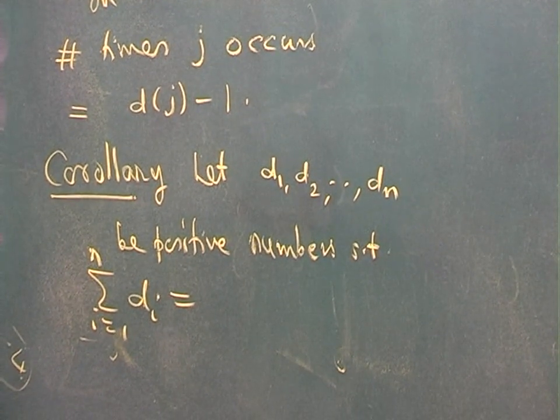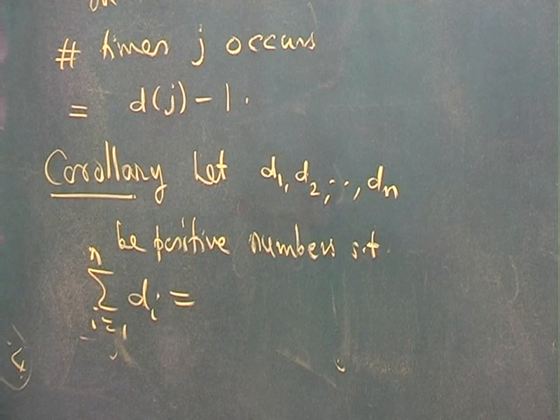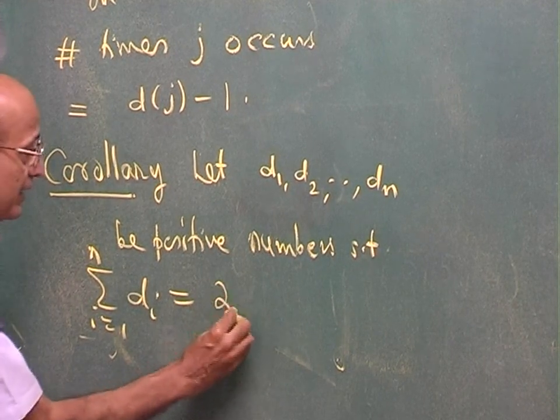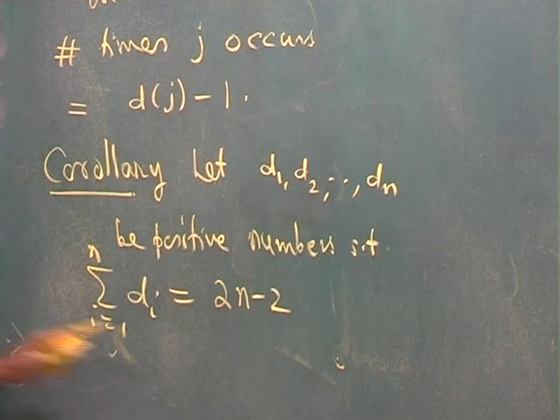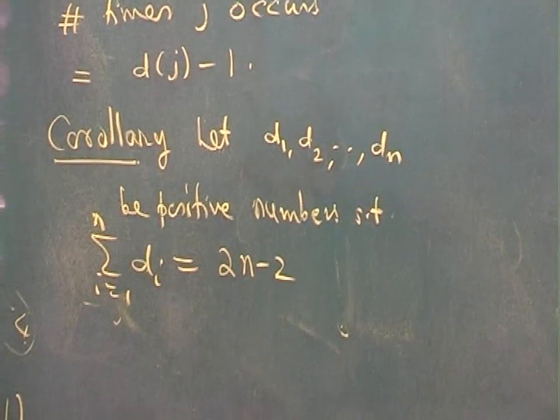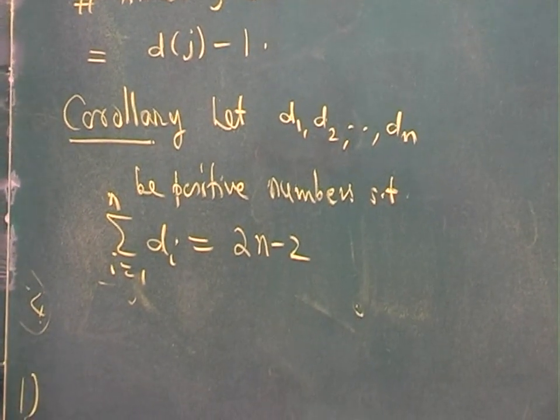So this is the sum of all the degrees. We have n minus 1 edges, therefore the sum of degrees should be equal to 2n minus 2. 2 times n minus 1, that is equal to 2n minus 2.